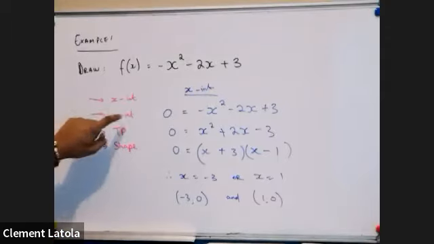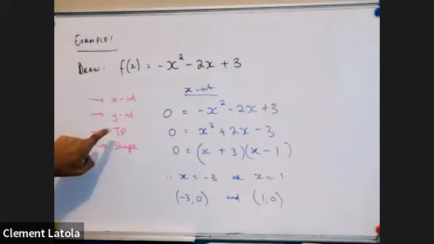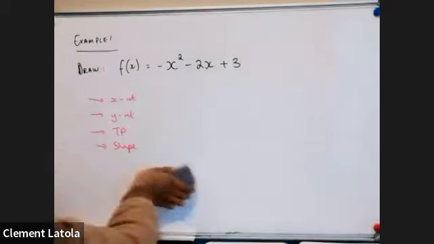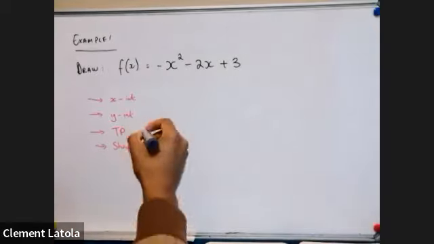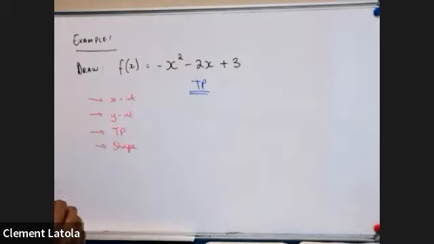Okay, so we said the y-intercept is just going to be that 3 over there. I guess the next thing for me to do is work out the turning point. Right.